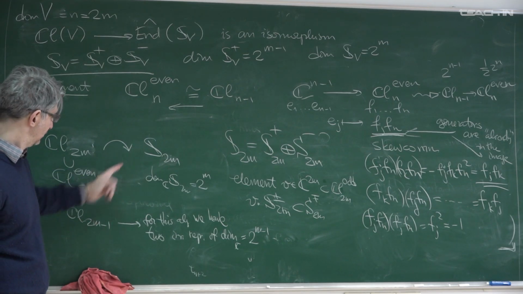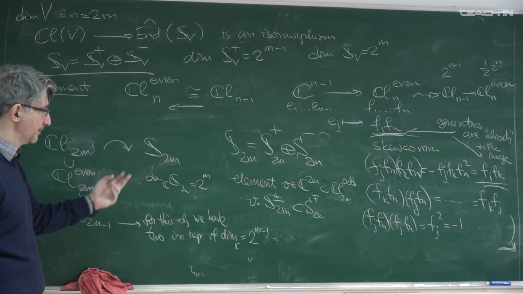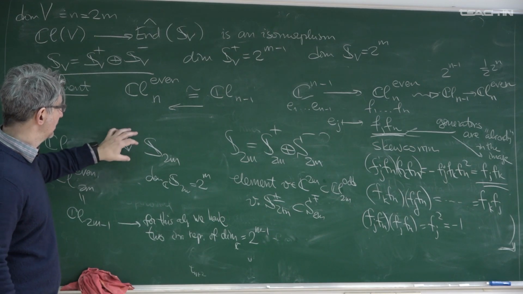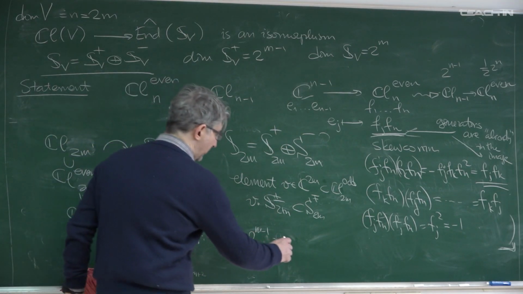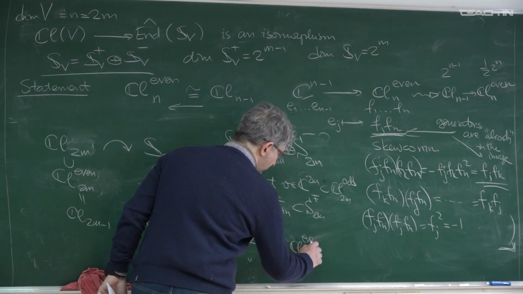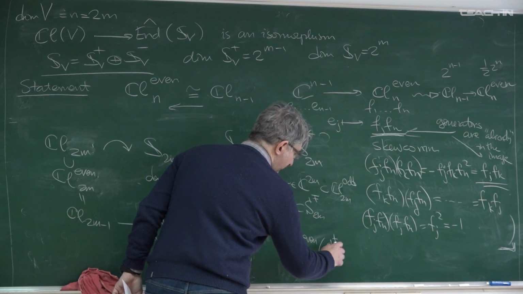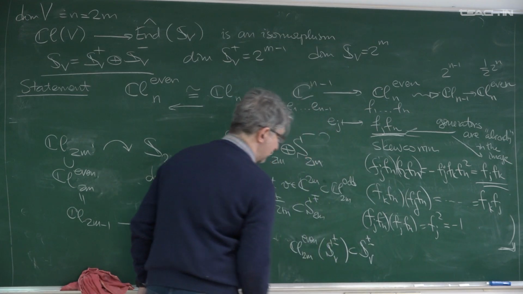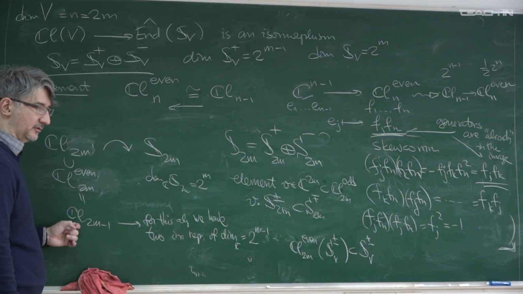So this representation splits into two subspaces, and the even part of the Clifford algebra leaves them invariant. Let me fix it on the blackboard: if I apply the even part to a subspace of the spinor representation, the grading is preserved, just because the even part is this algebra.